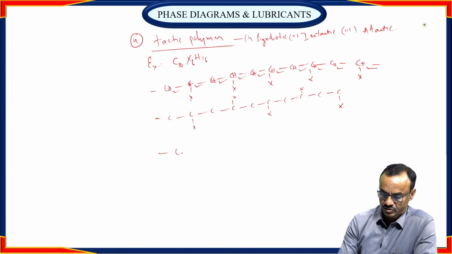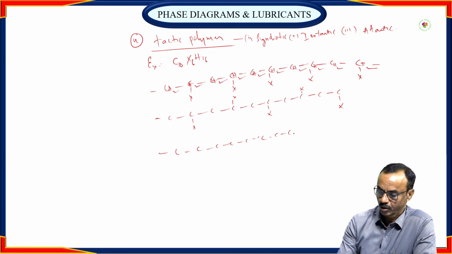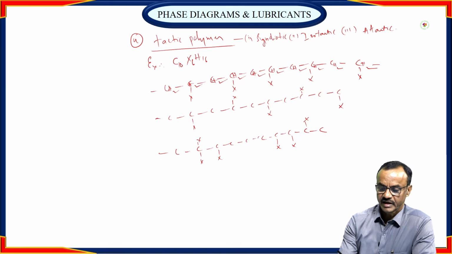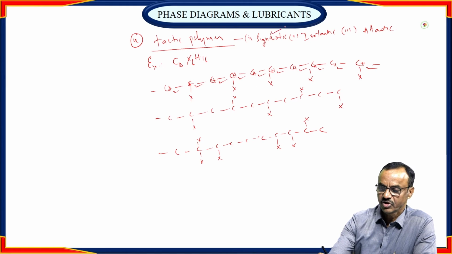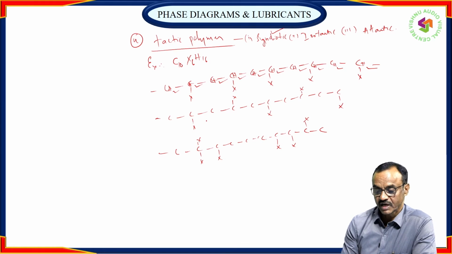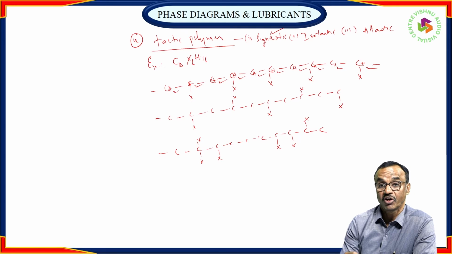Like this. So another structure, 3 4 5 6 7 8 9 10. 3 4 5 6. Here X atoms are on the same side with respect to the pi bond, known as syndiotactic. In the second case, X atoms or functional groups are attached to the main chain alternatively.